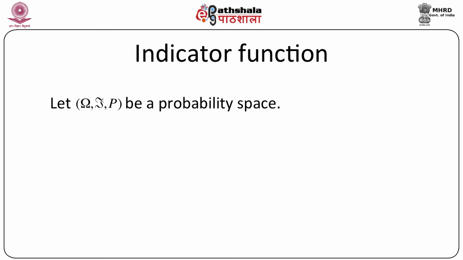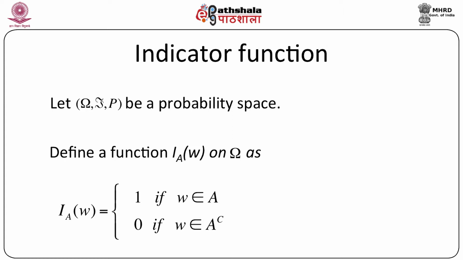Suppose omega, script F and P is a probability space. Since we will finally try to investigate how to develop a probability theorem or probability result in terms of indicator function, here we are going to define indicator function with respect to a probability space. So the definition goes like this: I_A of omega on big omega is an indicator function if I_A(omega) equals 1 if omega belongs to A, and 0 if omega belongs to A complement.